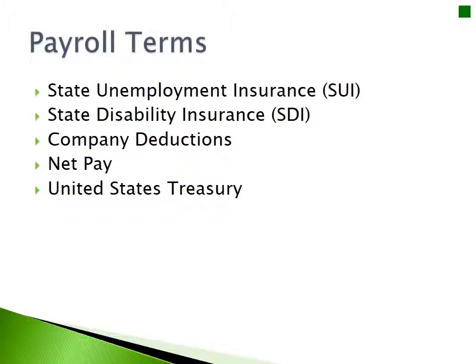State disability insurance compensates employees if they are unable to work due to illness or injury, workman's comp. Company deductions include insurance, 401k, profit sharing plans, United Way, etc. Net pay is bring-home pay after all deductions are taken out of one's check. The United States Treasury is the tax collecting agency of the federal government.